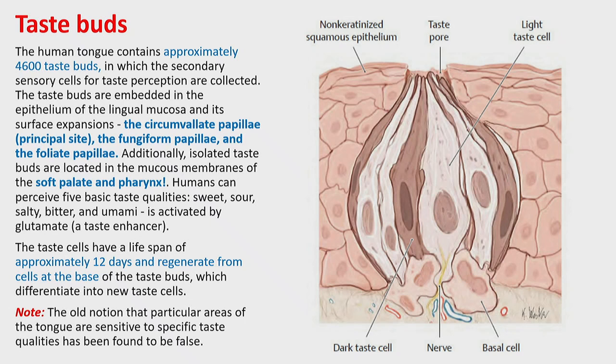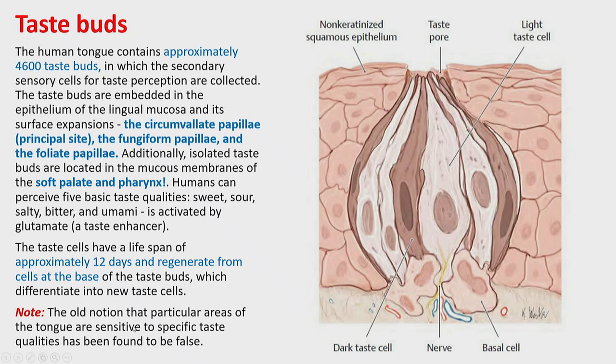When I was a student, a long time ago, they told us the exact localization on the tongue, that the tip of the tongue is specifically for perception of a certain kind of taste, bitter for example in the back of the tongue, and so on.